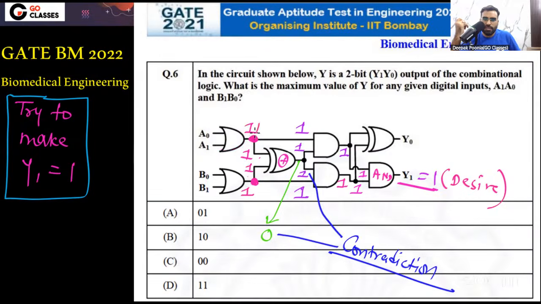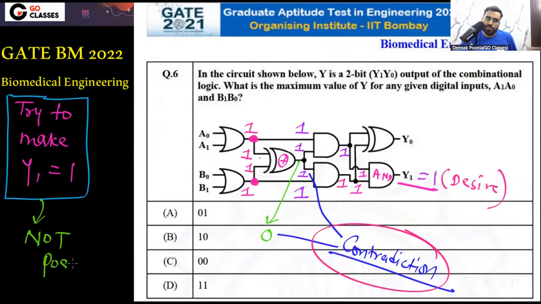But these outputs are inputs to this XOR gate. So the XOR gate output will be 0, but we want it to be 1. For y1 to be 1, the XOR gate output should be 1. Yes or no? So there is a contradiction. What does it simply mean? It means that y1 equal to 1 is not possible.